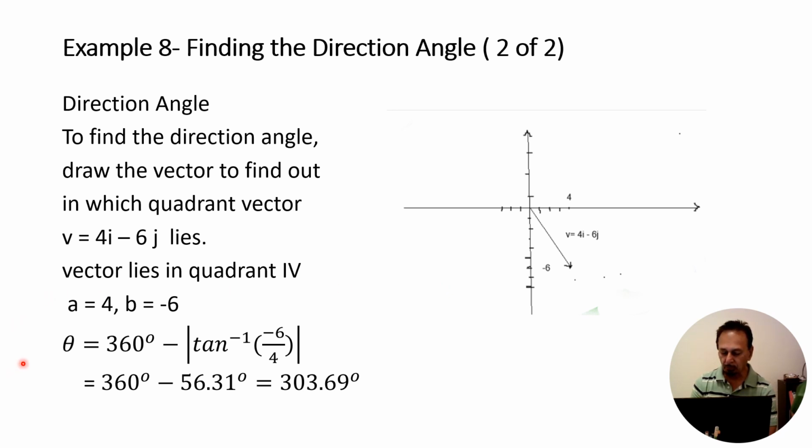So a is 4 and b is negative 6, so theta will be 360 degrees minus the absolute value of tangent inverse of negative 6 over 4. If we put this on the calculator, it gives you 56.31 degrees. And you subtract, which gives you 303.69 degrees.